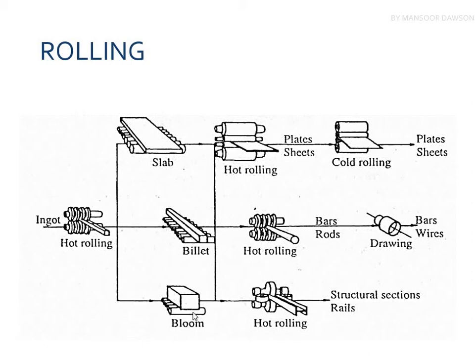Basically the volume is same, but the area of the square is very high, and the length is a bit low, or it can be same as the billet, it depends. So this is all. The difference between slab, billet and bloom is just with their dimensions.